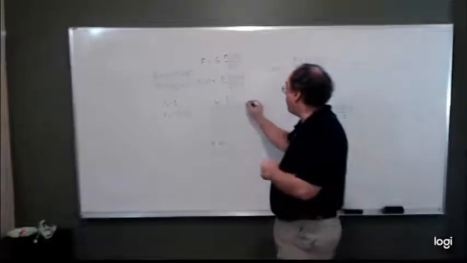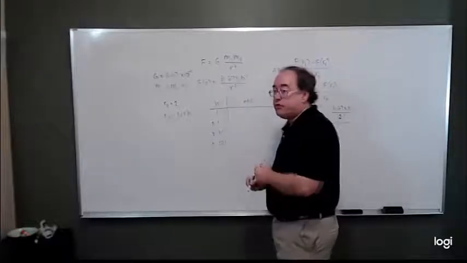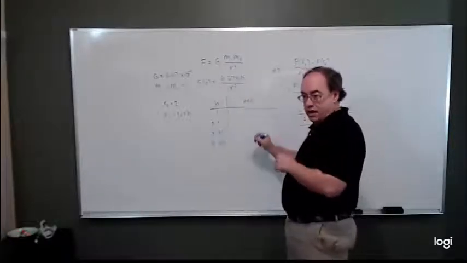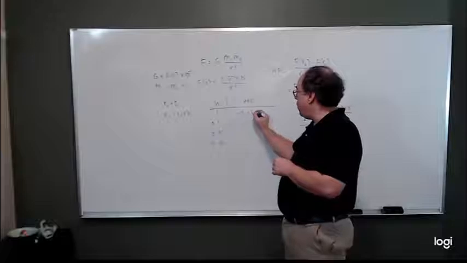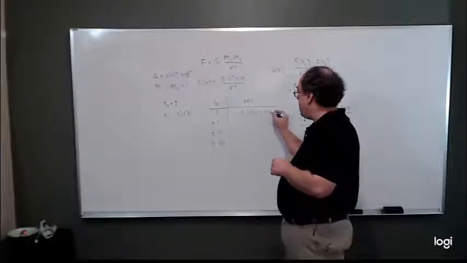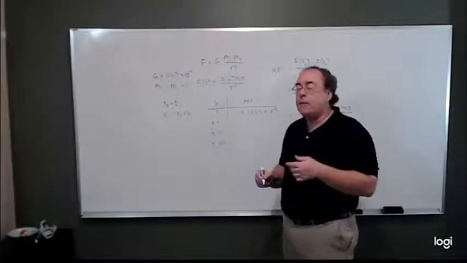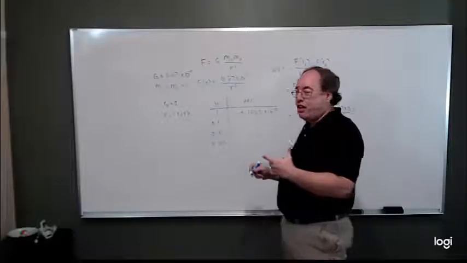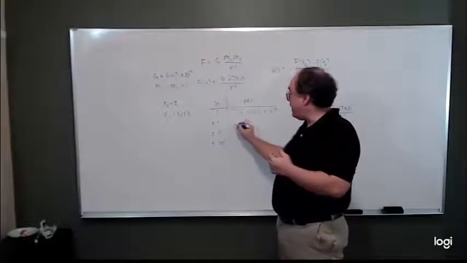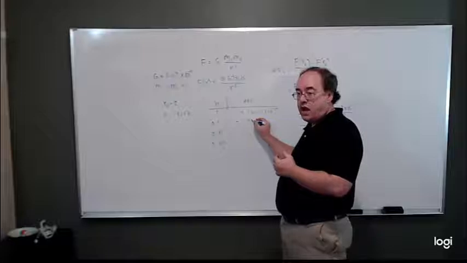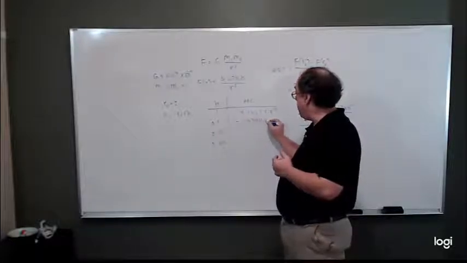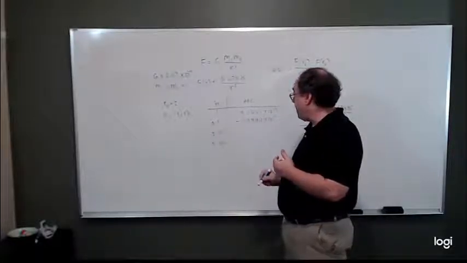So what are our average rates of change? When you put 1 in, it's negative 9.1667 times 10 to the negative 12th. When you put 0.1 in, it's negative 1.5340 times 10 to the negative 11th.